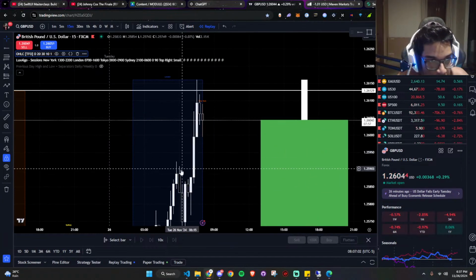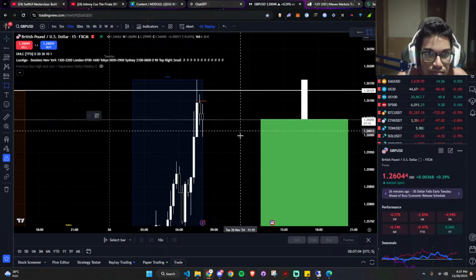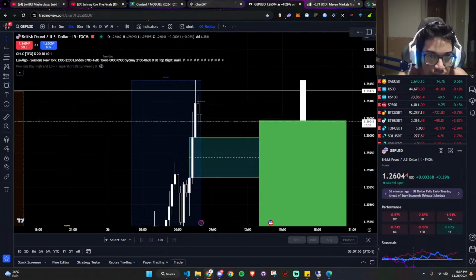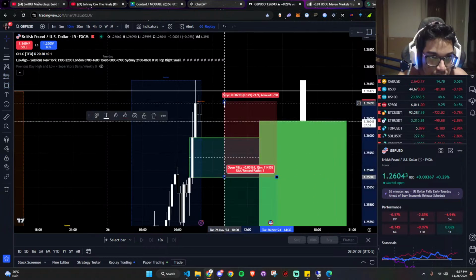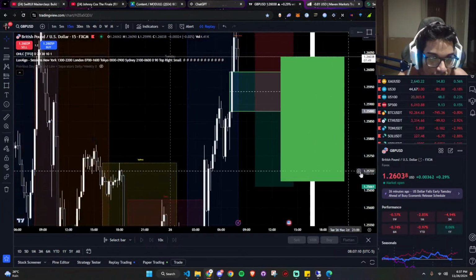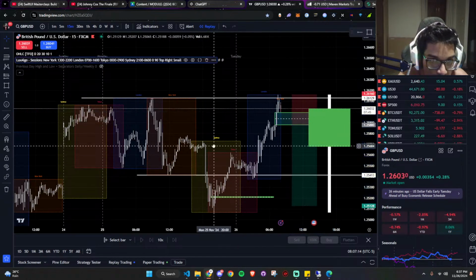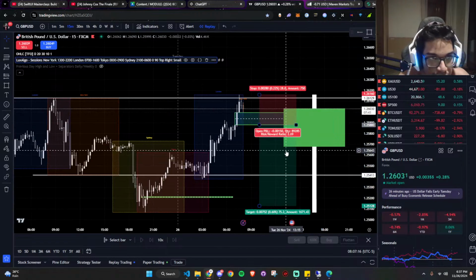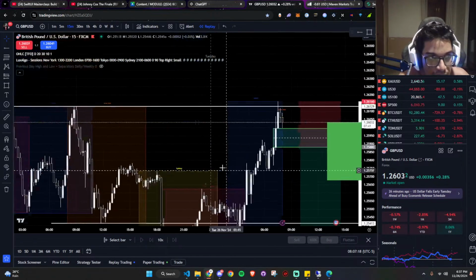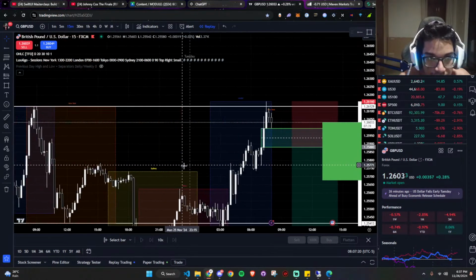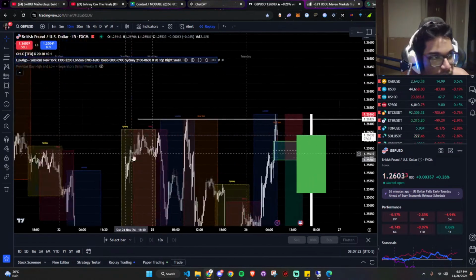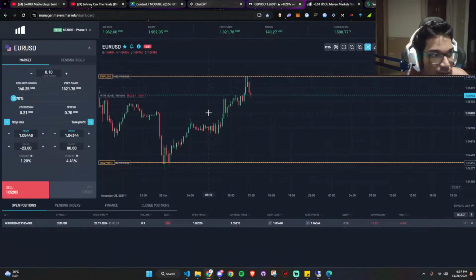Let's see any deeper. Seems like it's holding this fair value gap, which means there's a likelihood, because it's bullish, that it could go the other way. You know what?